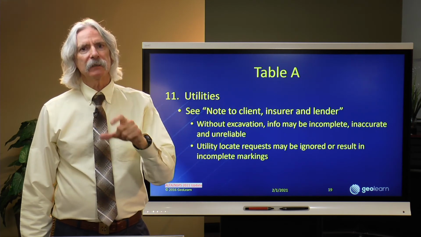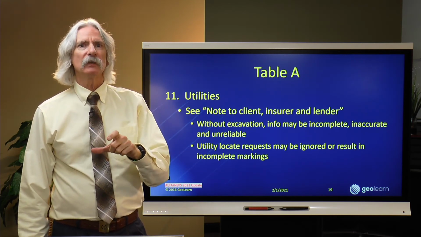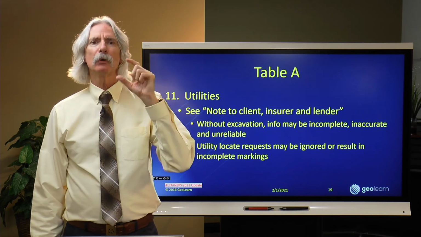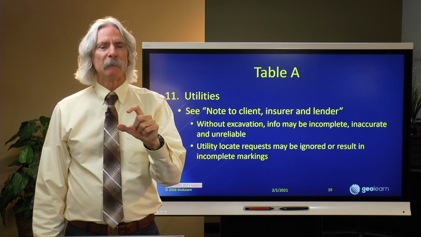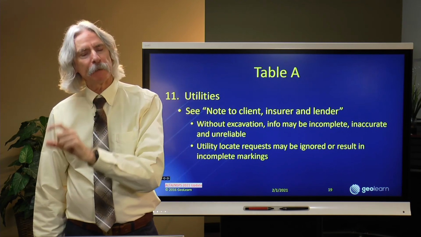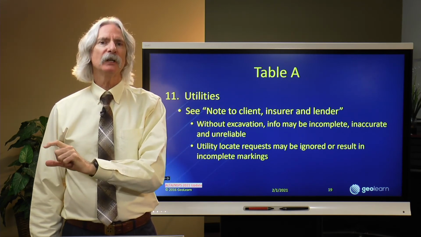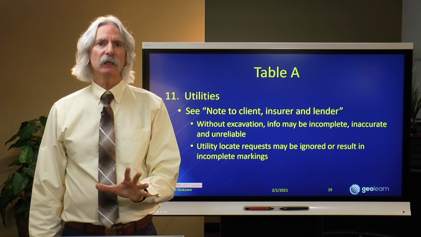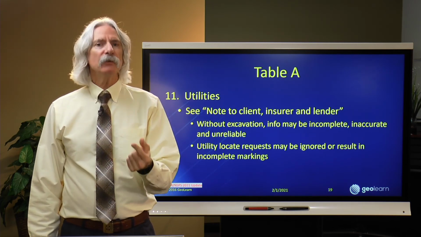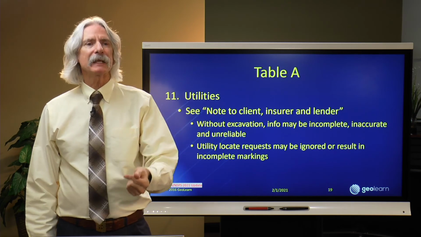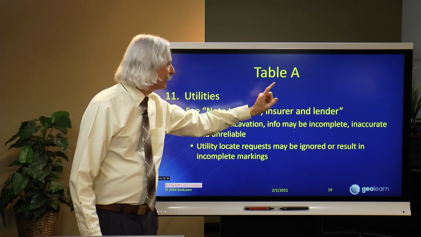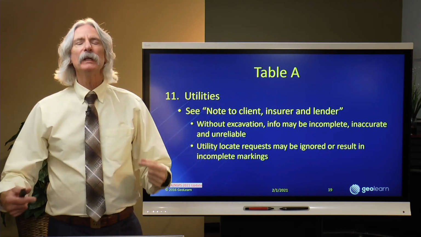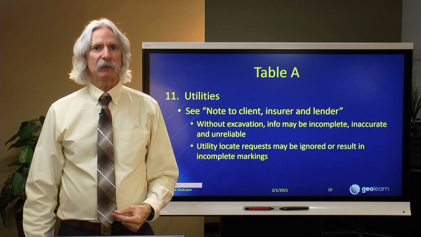So I think that if you are requested under Table A, Item 11, I would take that note and put it in your scope of work, and I would also put it on the face of the plat or map when you're all done, because utilities are a high liability item. One reason is that people check it and think we are going to provide complete, accurate, and reliable information, and we know that that's not going to happen.